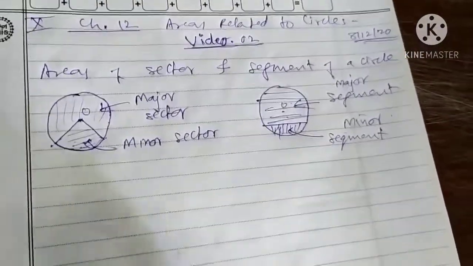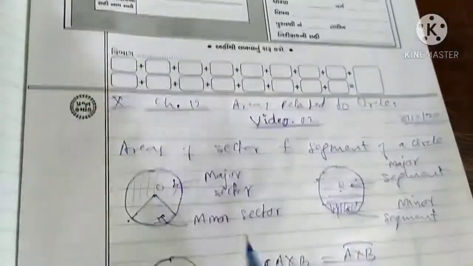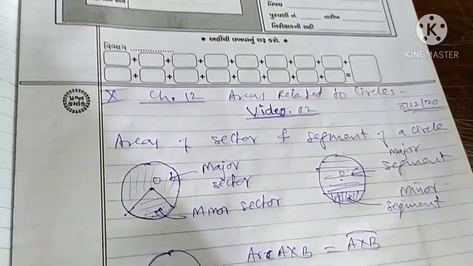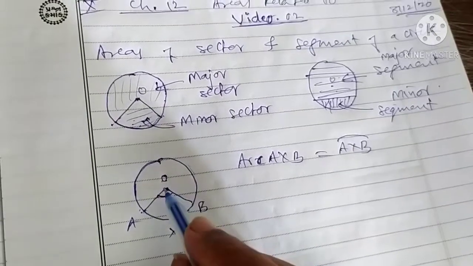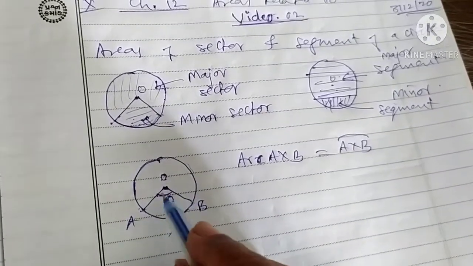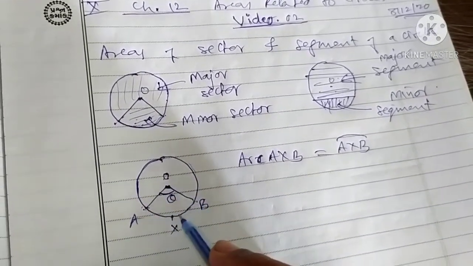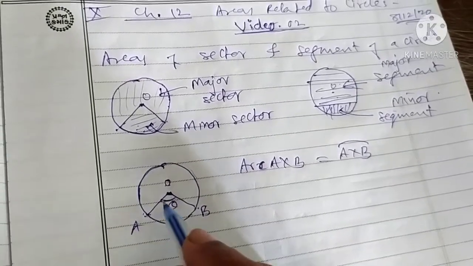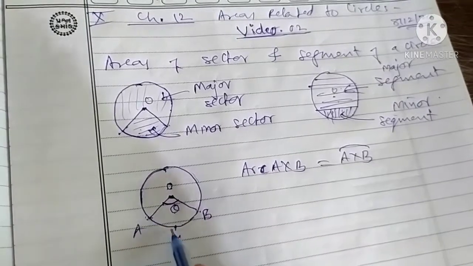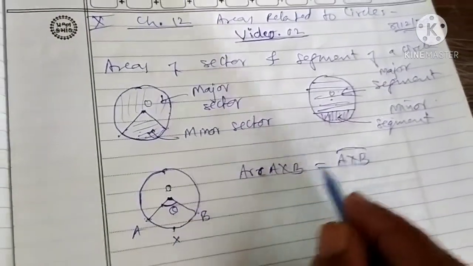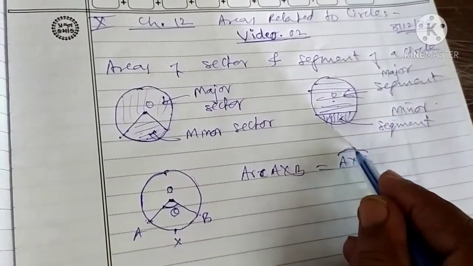Now once again see, suppose now again I am drawing this circle. I drew. I have marked center and 2 points A, B, radius OA, OB. Let us mark this point X. This angle is, say, theta. So this arc AXB can be written as AXB with this symbol of arc, okay?